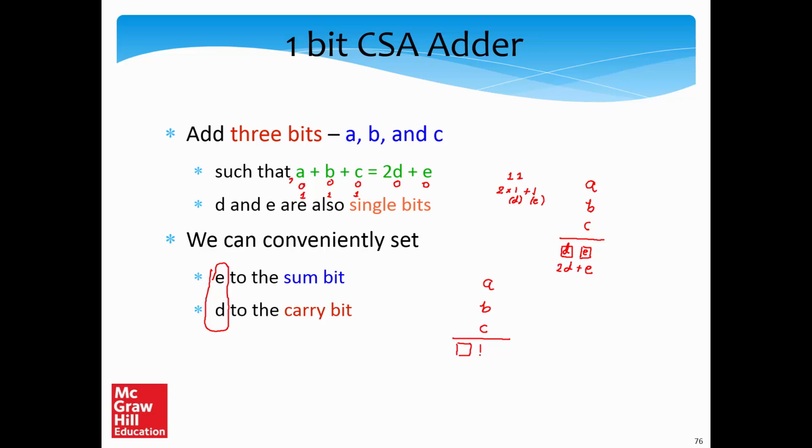Let me call the sum bit E, and the carry bit, which is the more significant bit, D. So the final result can be expressed as 2D plus E, which is exactly what we want. So we basically have A plus B plus C is equal to 2D plus E.